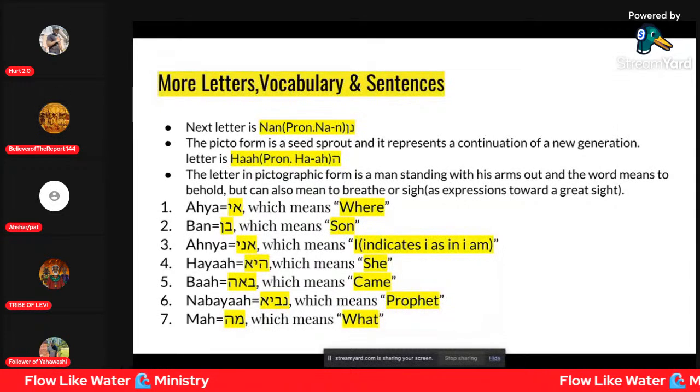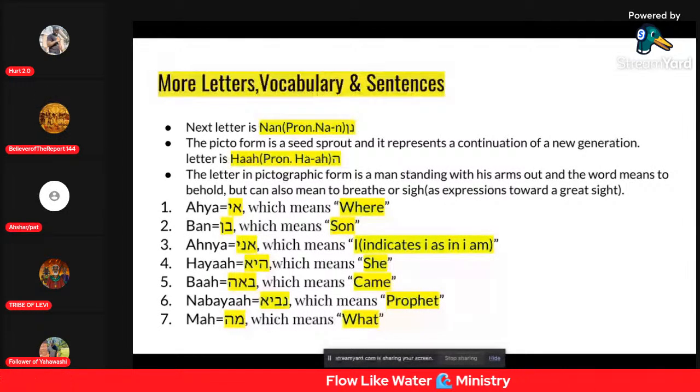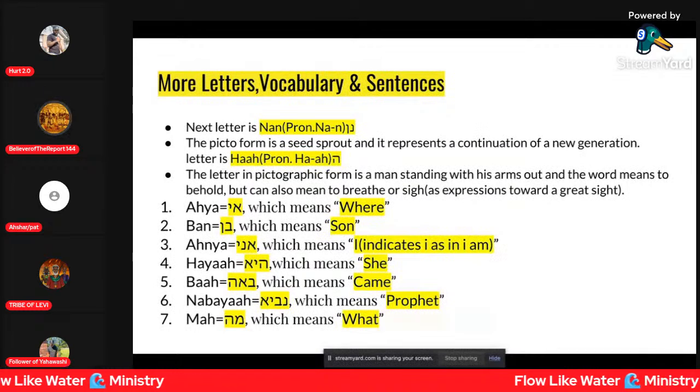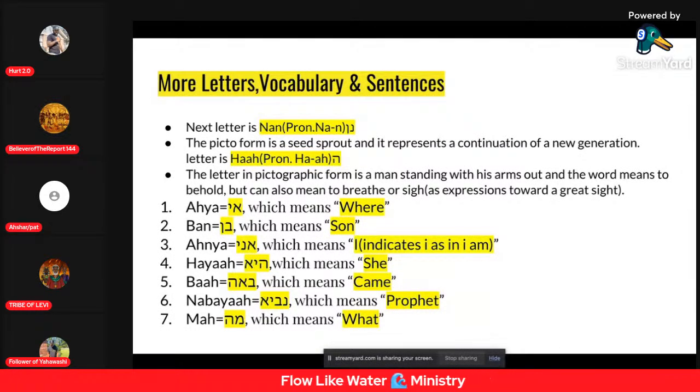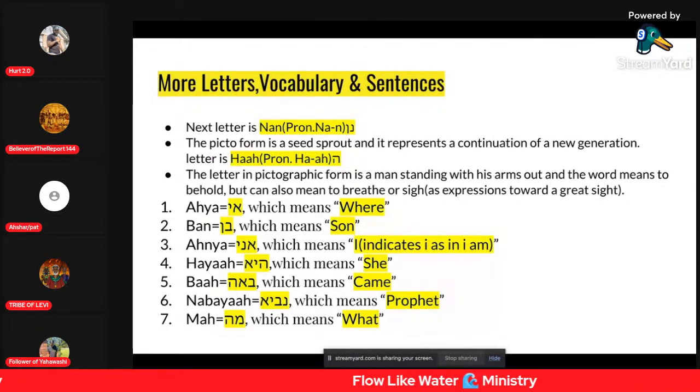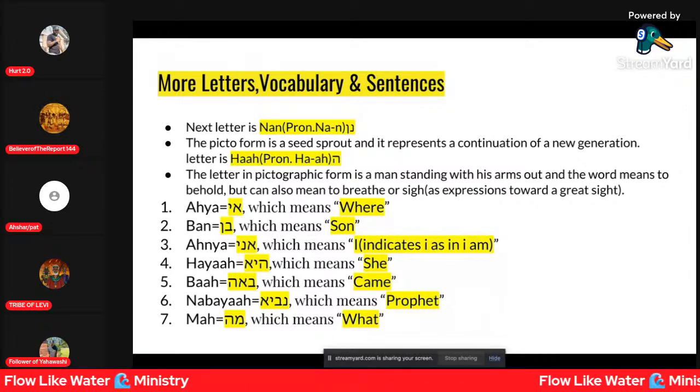The next word is ban, which typically is translated to son, sometimes child. Then we have anya, which means I, but it indicates an I as in I am. And then we have haya, which means she, and then ba'a, which means came, and then nabaya, which means prophet, and then ma, which means what.